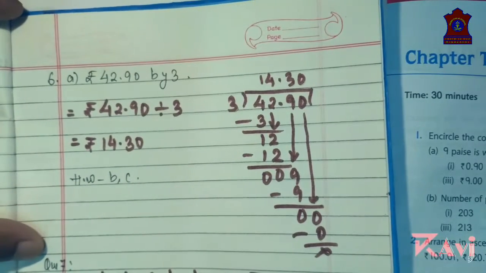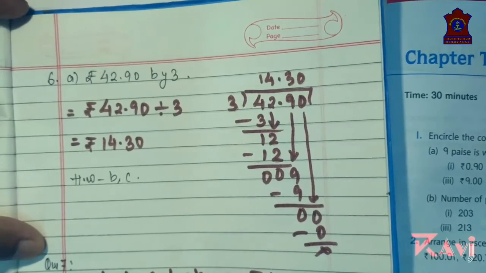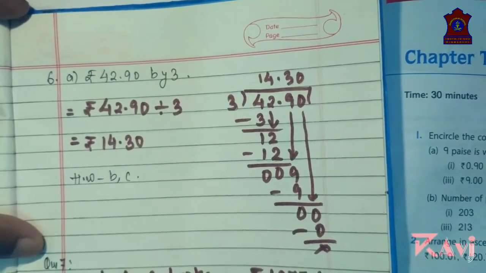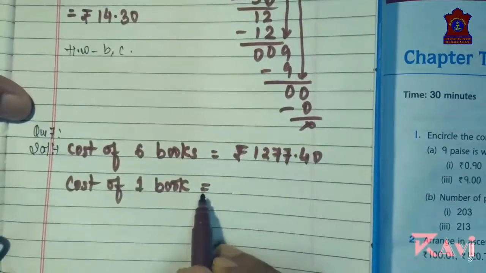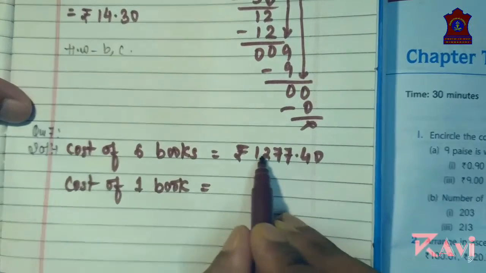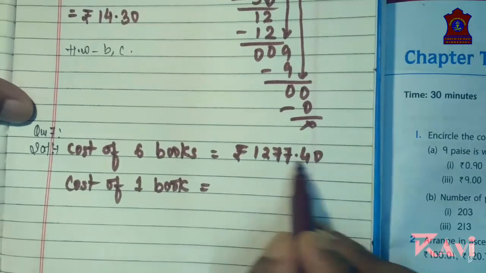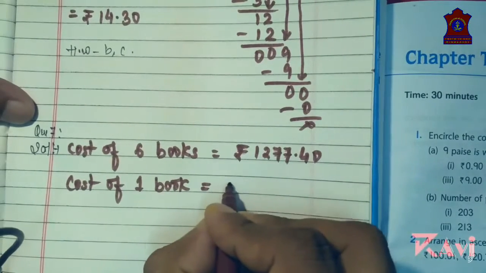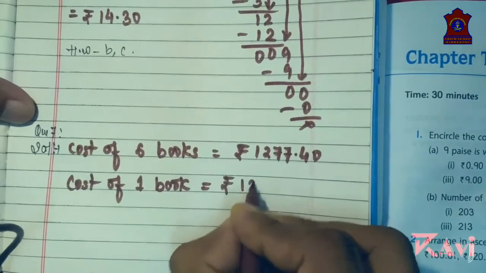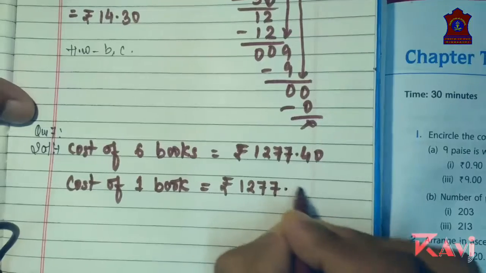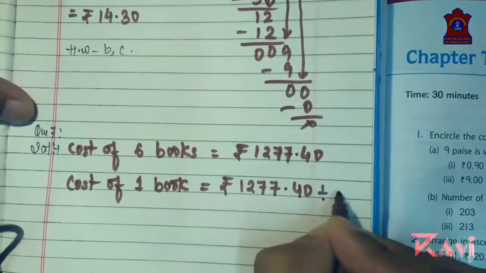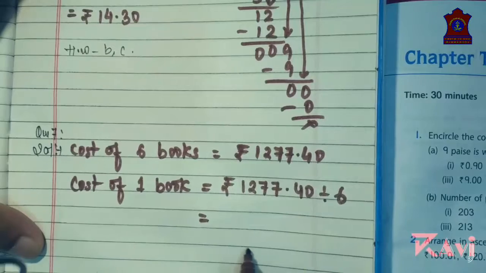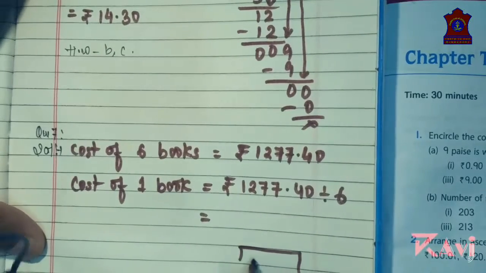Cost of one book. To find the cost of one book, what you need to do? 1277.40 will be divided by 6. So here write 1277.40 divided by 6. Okay, so what you need to do the division in this part.